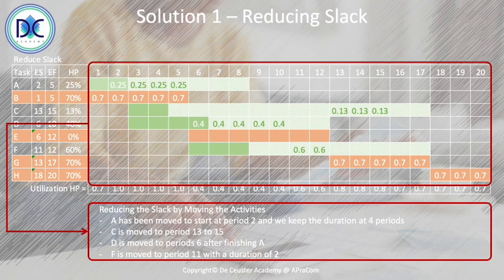So you see in the bottom what has been done, and basically we've seen that all these actions lead to a better plan. We have less slack, which is more interesting because all the slack is not really practical.